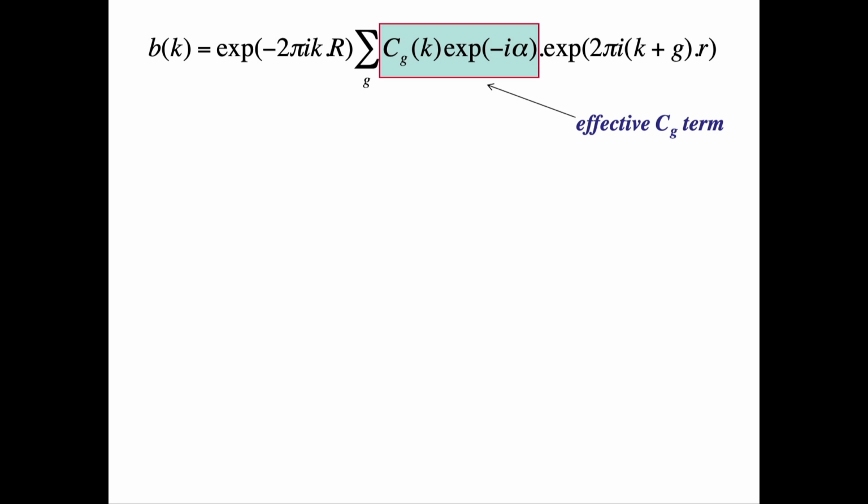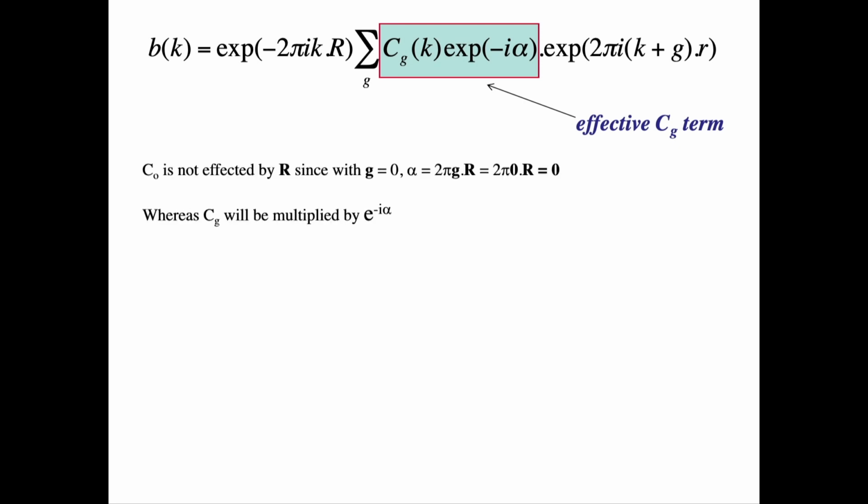So what was C_G? C sub G is the amplitude of this particular Bloch wave in the diffracted beam. And so what we've done is we've modified it by having the fault there, and we end up with this effective C_G term.